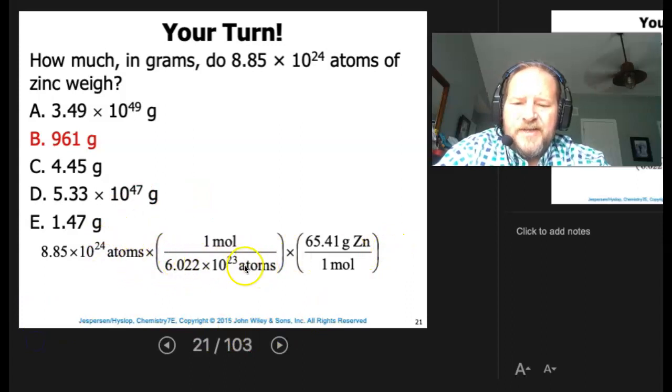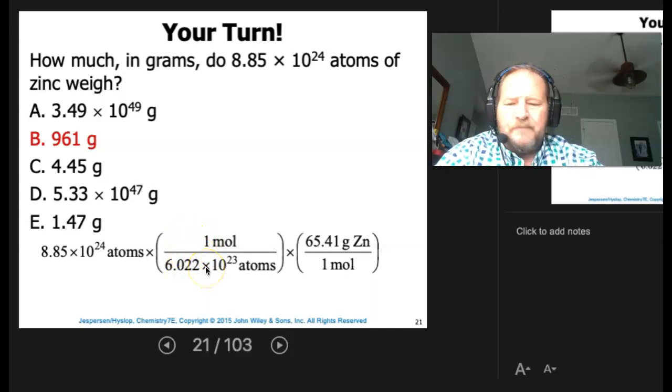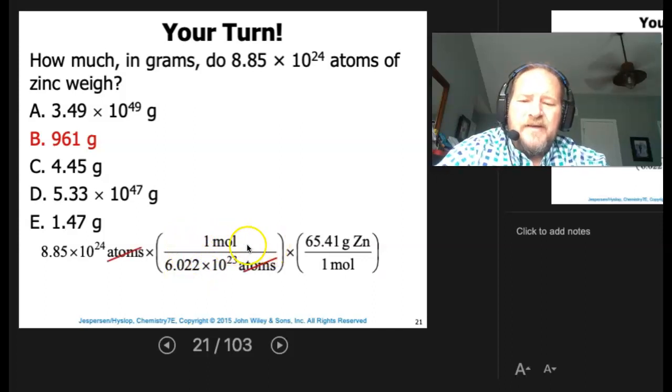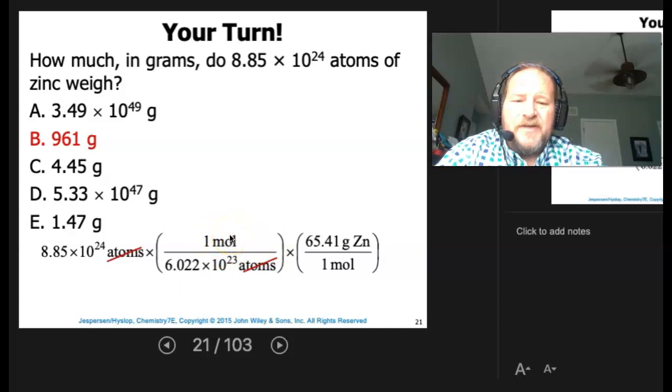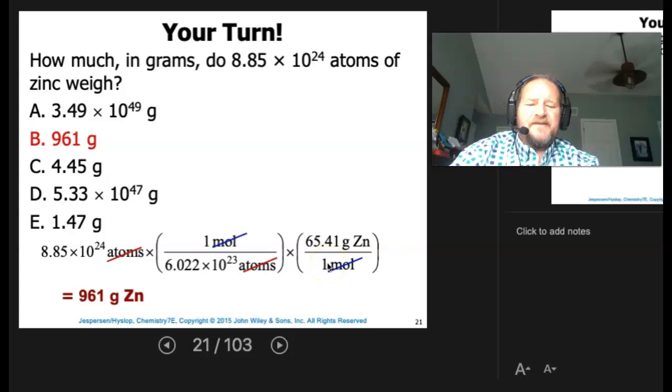I want to get particles to cancel out, so I'm going to put 1 mole on the top, Avogadro's number on the bottom. That would give me moles at this point, but it says how much in grams. And so then we're going to use that periodic table, get the molar mass. The mass will go on top. That way the moles can cancel out. And that'll give us 961.